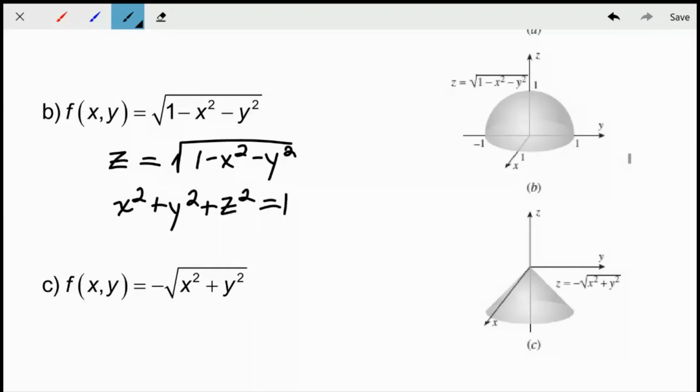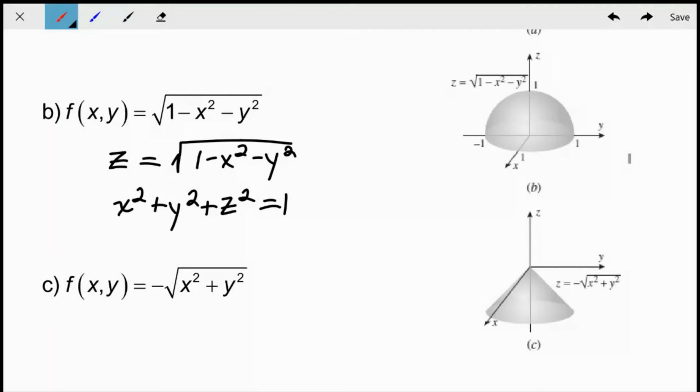Well, that looks like the equation of a sphere, but we have to account for the fact that if we solved for z again, we would get a plus or minus. You can see here, we've only got the positive square root, so we're just looking at the top half of the sphere. So if I wanted to describe this, I could say it's a hemisphere with a radius of 1 centered at the origin with its base in the xy plane.